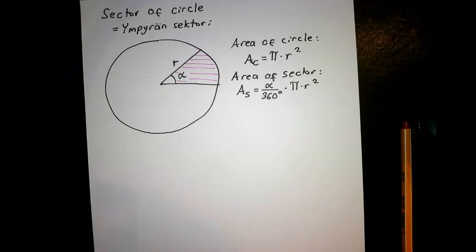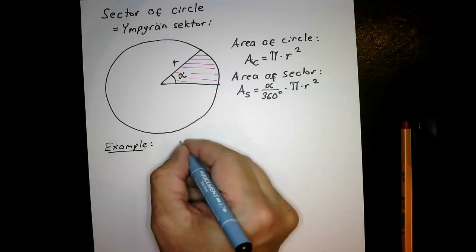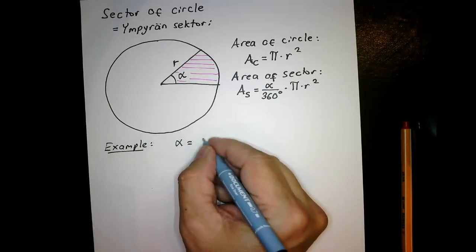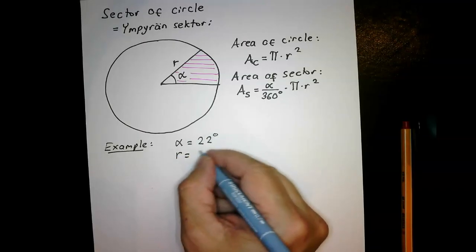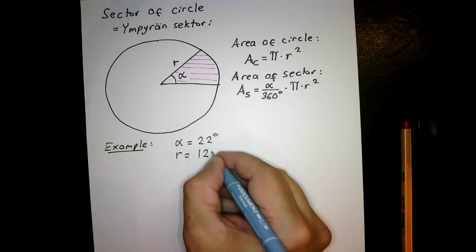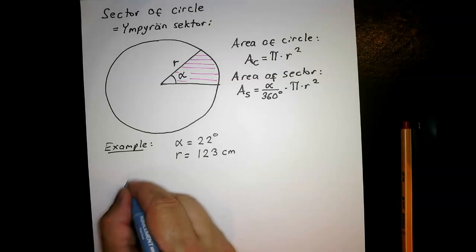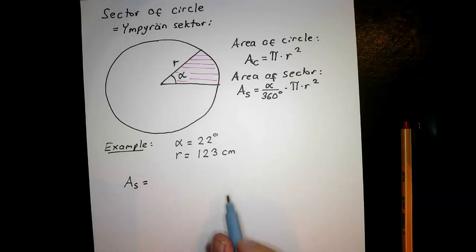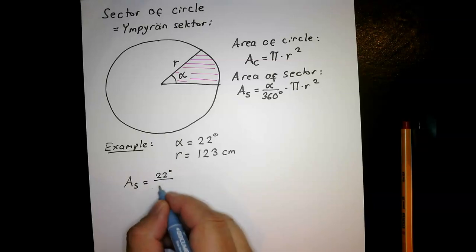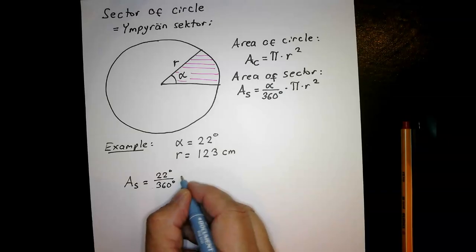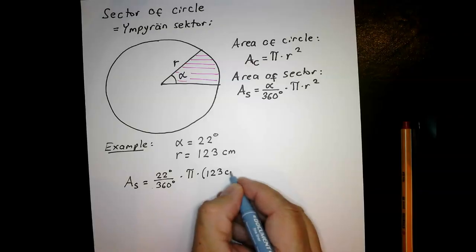So for example, if we have alpha equals 22 degrees and r equals 123 centimeters, then the area of the sector would be 22 degrees divided by 360 degrees times pi times r squared.